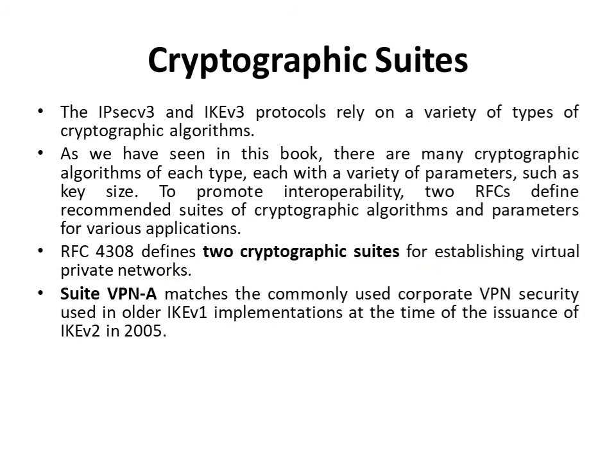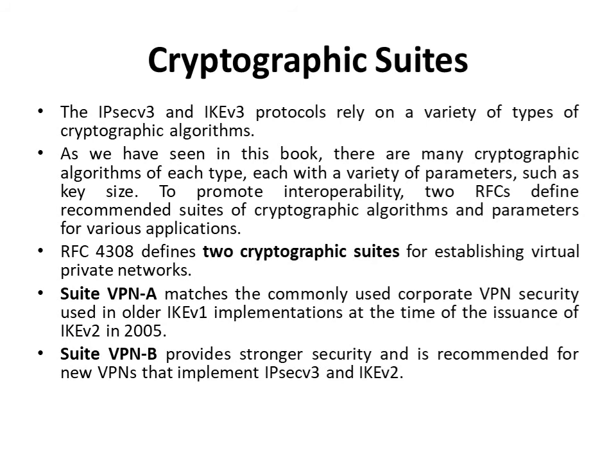Suite VPN-A matches the commonly used corporate VPN security used in older IKE v1 implementations at the time of issuance of IKE v2 in 2005. Next is Suite VPN-B. It provides stronger security and is recommended for new VPNs that implement IPsec v3 and IKE v2.